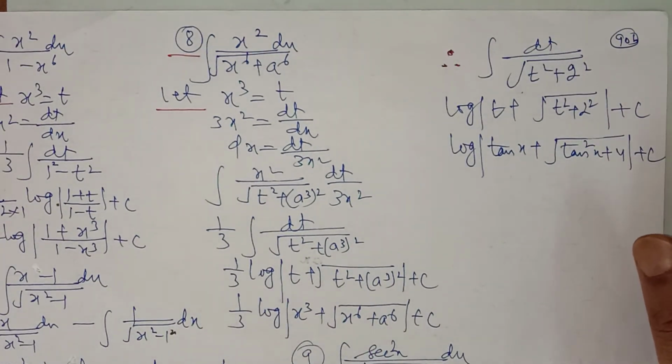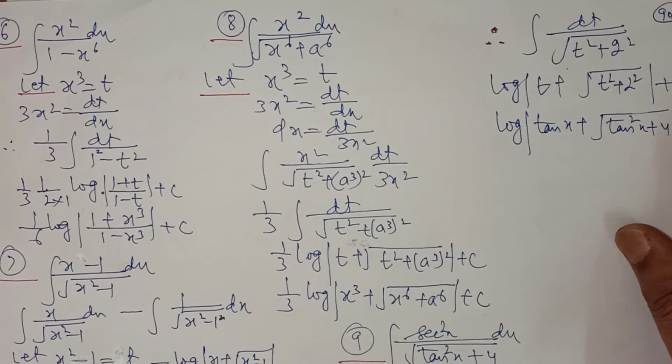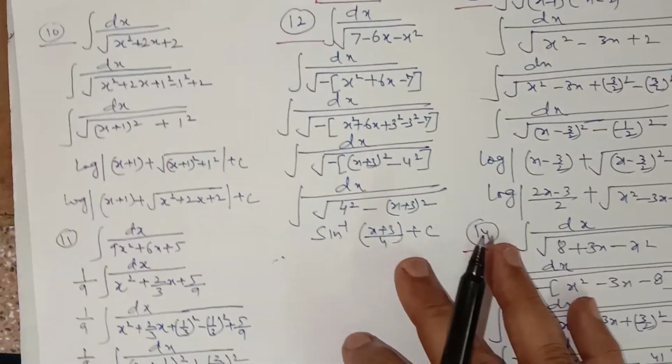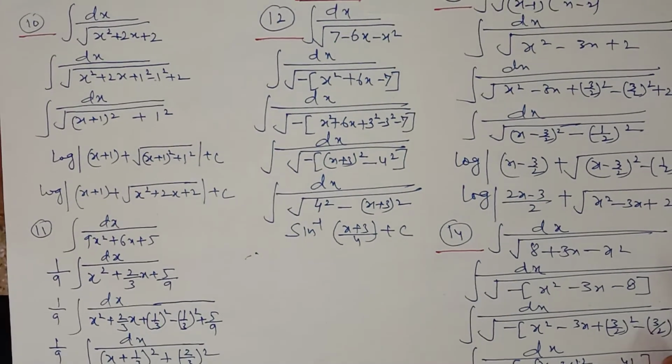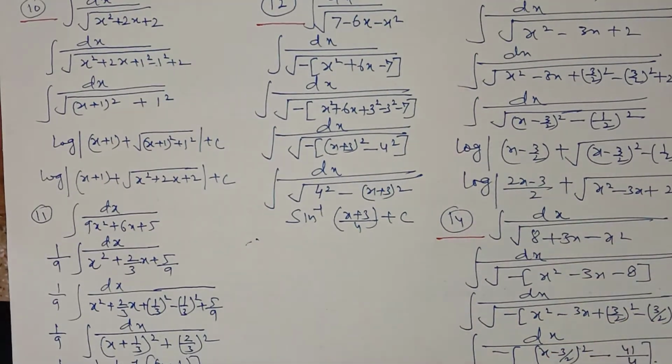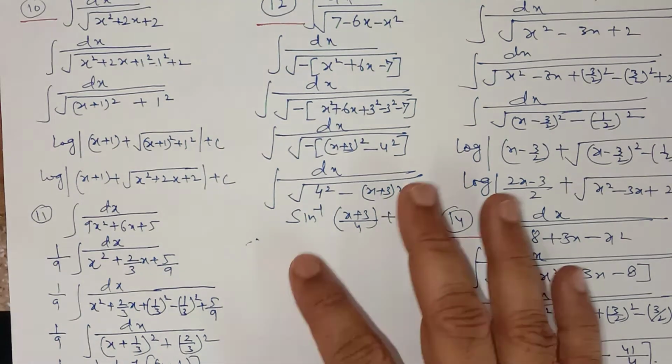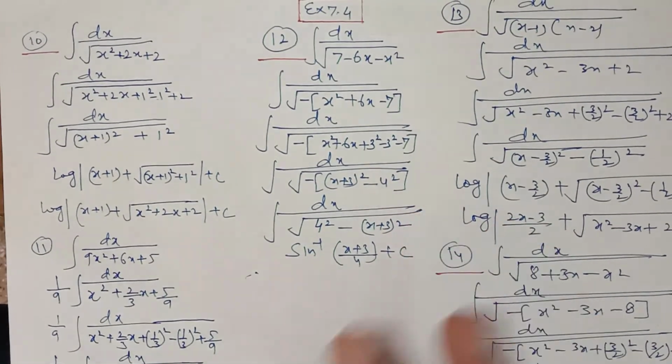So these are the questions based on the special integral, and we are doing exercise 7.4. Now from question 10 onwards, we call these types of questions integration by making the perfect square.